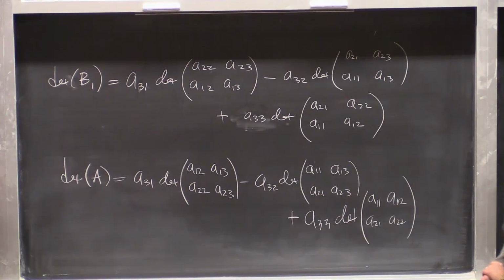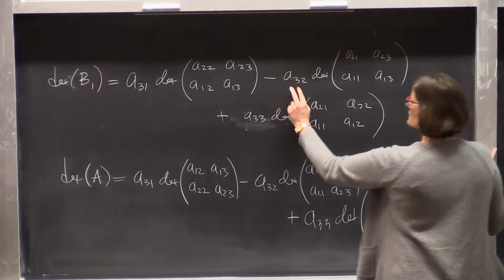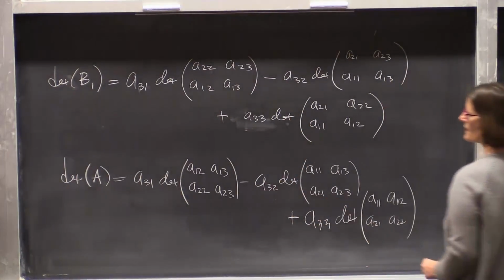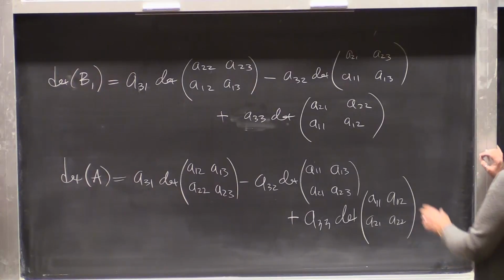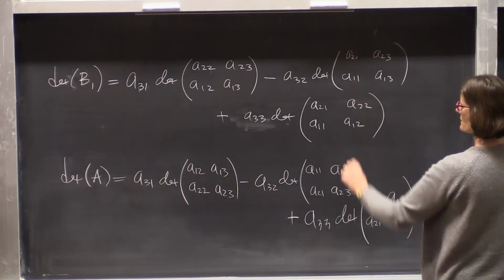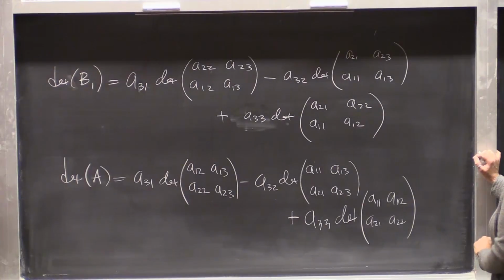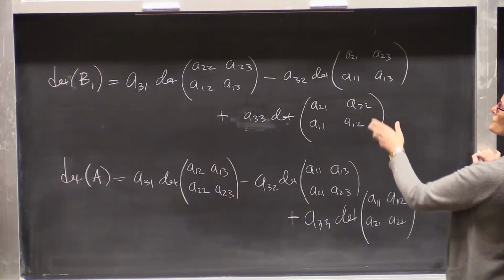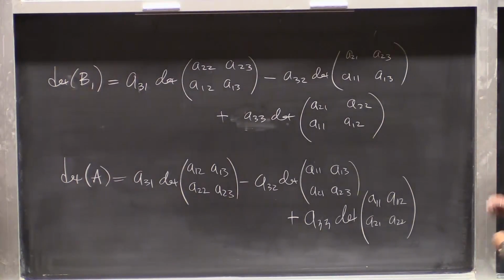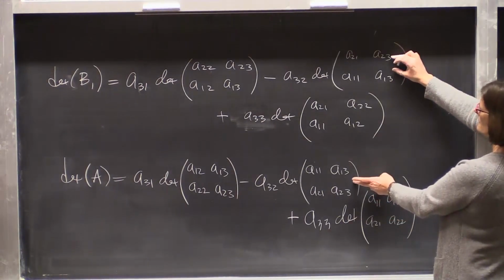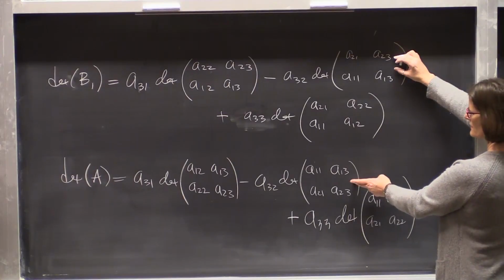They're negatives. Minus A32, minus A32. Here I have a 2 by 2 matrix, here I have a 2 by 2 matrix. How are they related? They swap 2 rows. But I've already proven by hand that if you swap 2 rows in a 2 by 2 matrix, the determinants are negatives.